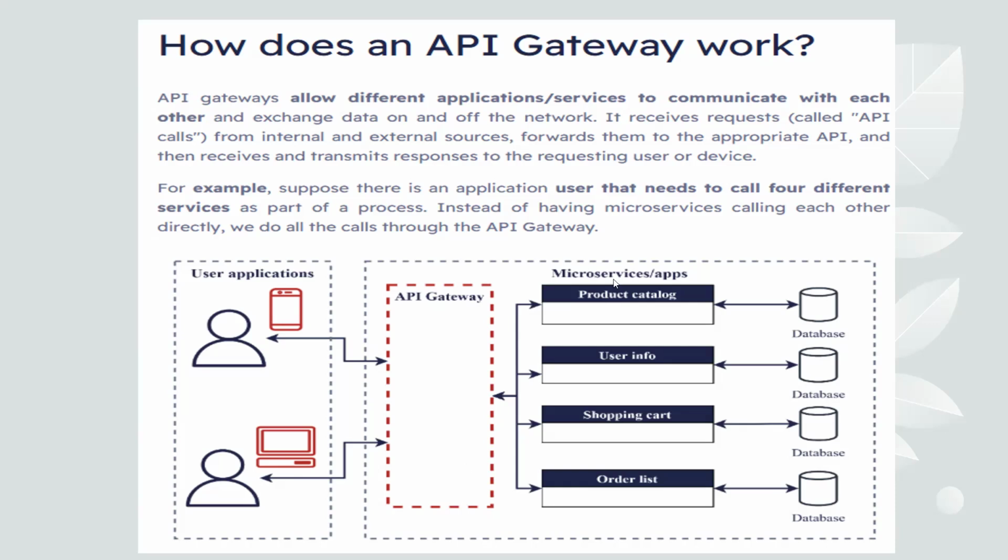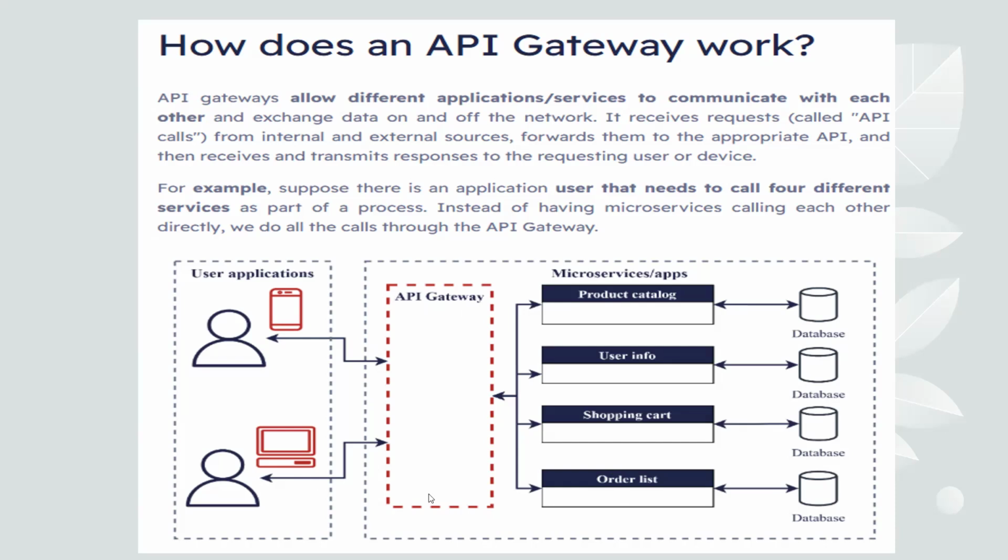Behind the API gateway, as per our business, there may be different kinds of microservices, all connected in the background to their specific database or data store. So you can see that the API gateway stands between the microservices and the client applications.